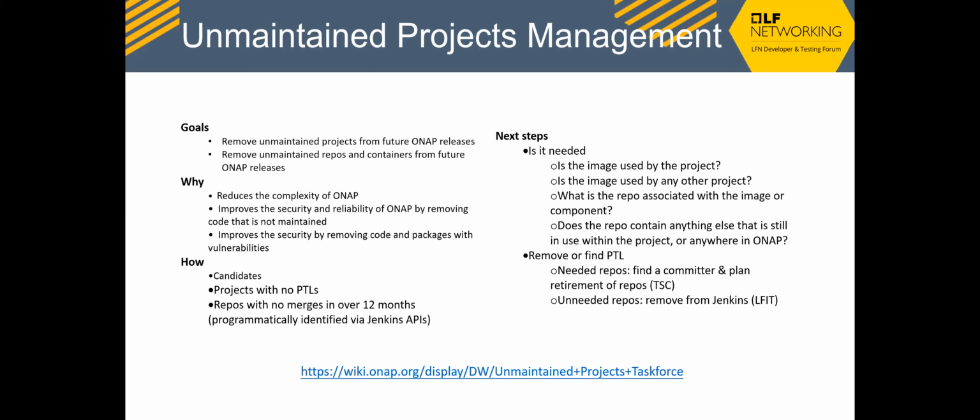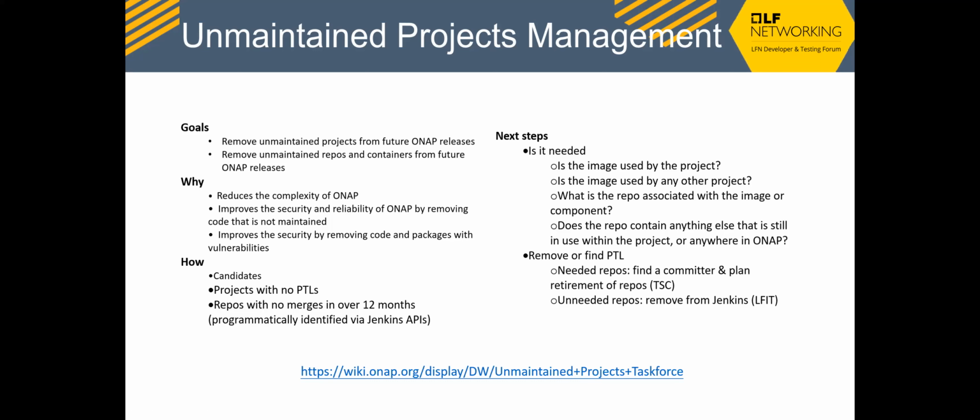And we have some candidates, projects with no PTLs or repos with no merges for the last 12 months. It could be identified with the Jenkins APIs. And with this, I share with you the link to the wiki that describes some additional information.